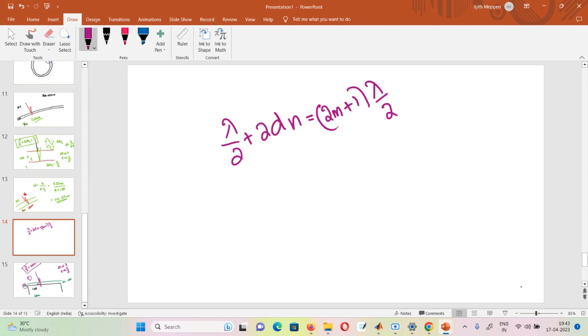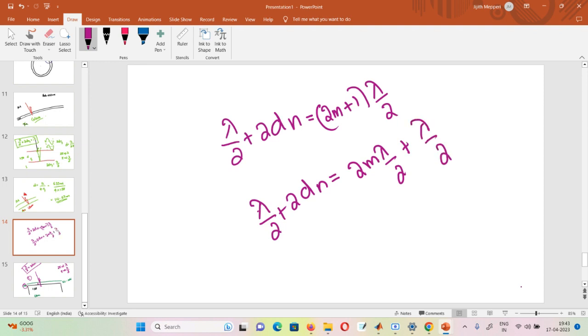Lambda by 2 plus 2dn will be equal to 2m lambda by 2 plus 1 into lambda by 2. So this lambda by 2 and this lambda by 2 will cancel, and 2dn will be m lambda. This is the condition for destructive interference.